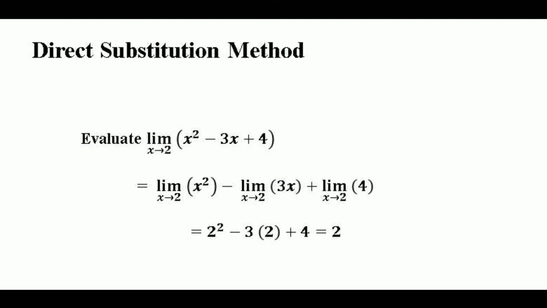So it will become the limit of x squared where x approaches 2, minus the limit of 3x where x approaches 2, plus the limit of 4 where x approaches 2. Substituting x equal to 2, it becomes 2 squared minus 3 into 2 plus 4, which is equal to 2.